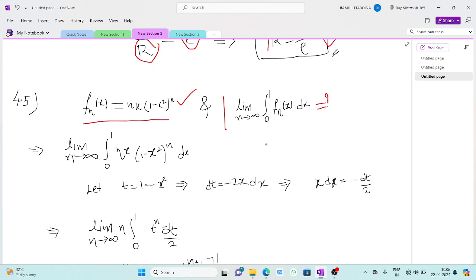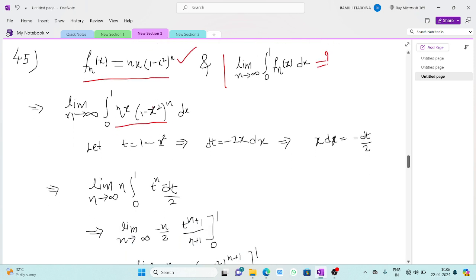So what I did, I just applied the f_n(x) value in the limit n tends to infinity, integral 0 to 1, and I get n x into (1 minus x squared) power n. I consider 1 minus x squared as t, and if I differentiate once, I get dt equal to minus 2x dx, so x dx is minus dt by 2.